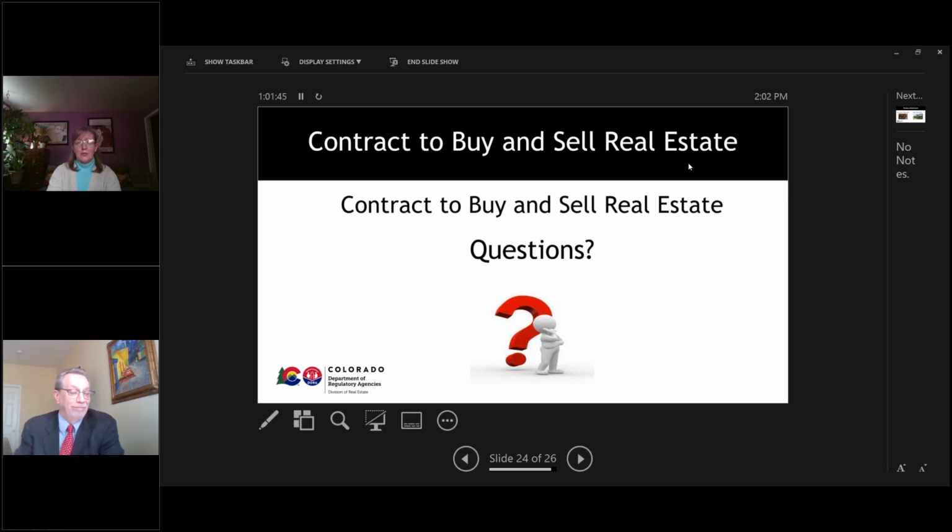I would assume that there is a different compensation agreement, such as a retainer fee and an hourly rate. So for an attorney who's not licensed as a broker to seek the payment of a commission, that would probably cause an issue with the real estate commission as far as unlicensed practice is concerned. But I think they would also have to evaluate what else the real estate attorney was doing.